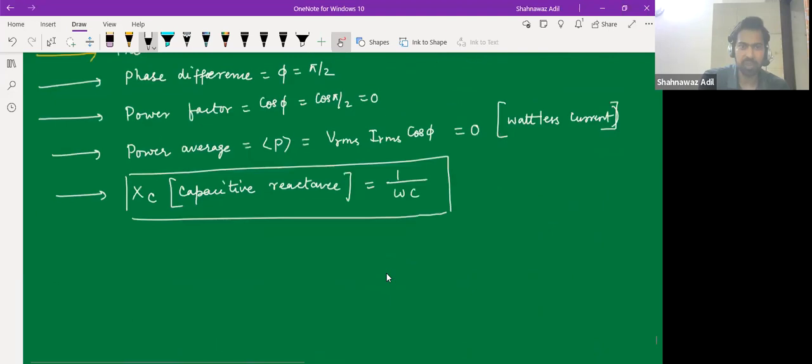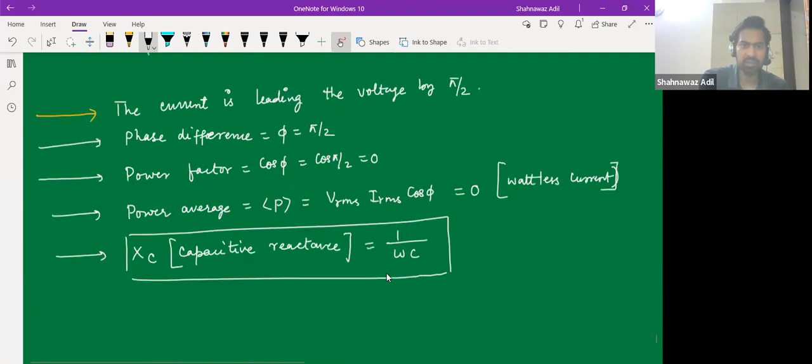Okay, you guys, please note down this part. And then we will revise some vector portion, and then I will do this LCR circuit. So that circuit is very important.